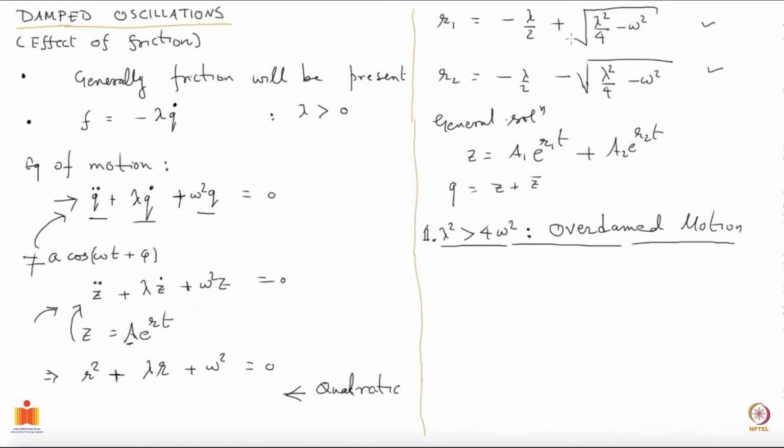Okay, so in that case, let me write down here. For this case, both r1 and r2 are negative, as I mentioned just now, and clearly the solution Q is an exponentially decaying solution.